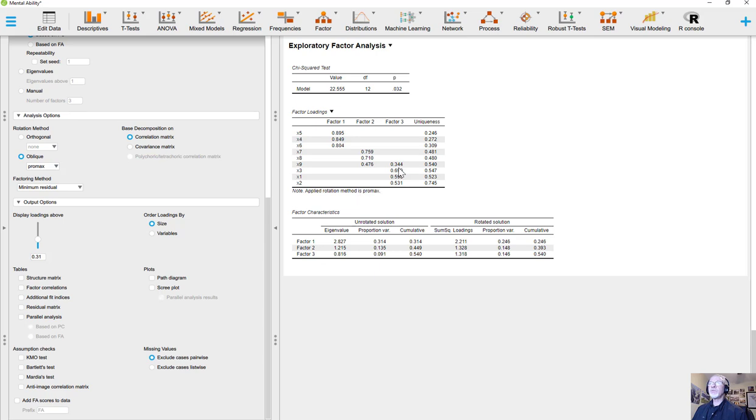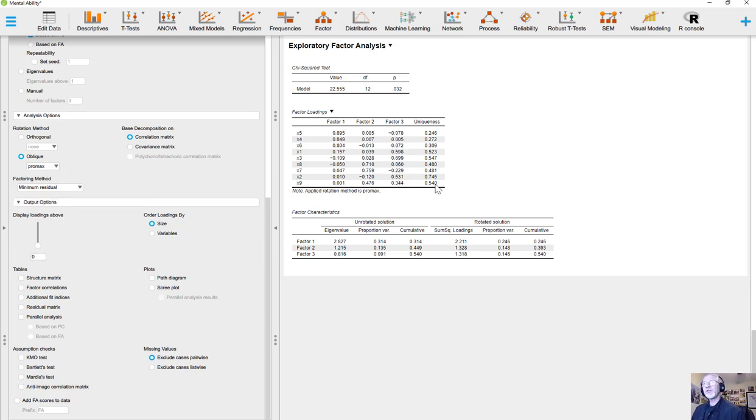Well, there is a 0.344 there, so that's not quite as pretty as if you select 0.37. So you notice that the further down you go, the more loadings show up. If I go all the way to 0, you see all the loadings, but some of the loadings are really, really small. And really small loadings don't count much, so there's no reason to take a look at them.